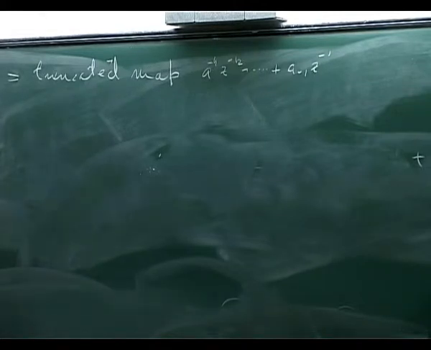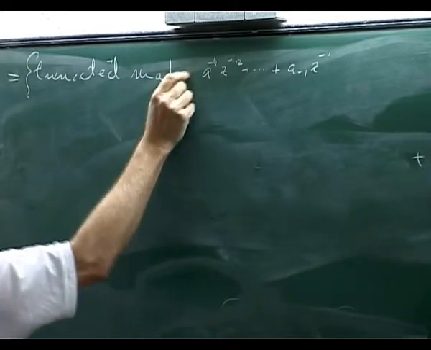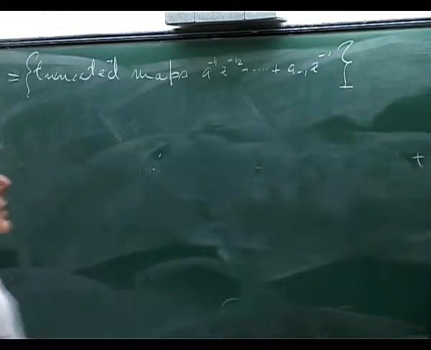Well, if I want to write the set of principal parts at z equals 0, it's going to be the set of truncated maps, like that.